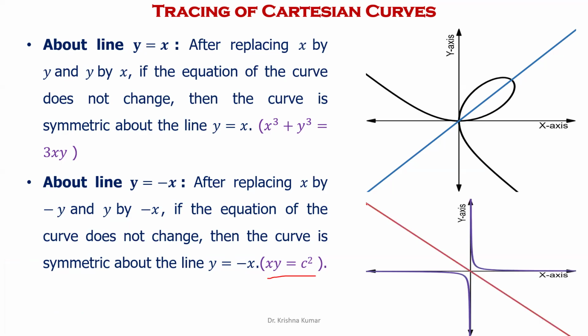Here, this is the line y equal to minus x, and this rectangular hyperbola is symmetric about it. So that is about symmetry. We have to check all six symmetries to trace any curve.